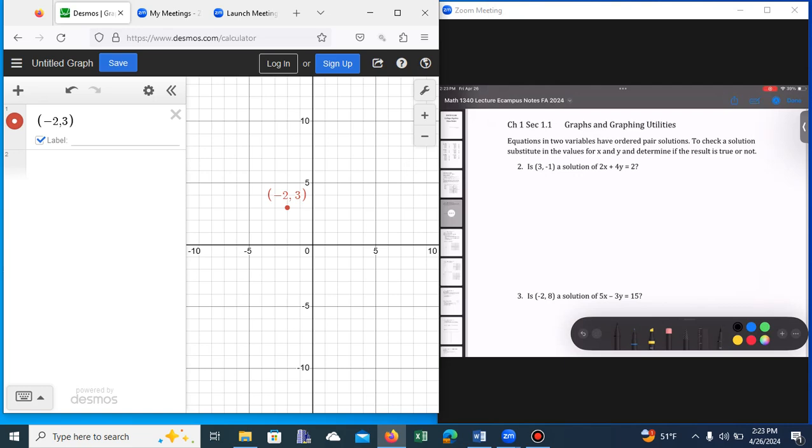So if we want to know if 3, -1 is a solution to 2x plus 4y equals 2, plug the 3 in for x, and we plug the -1 in for y, and then we have to verify that's true by getting them to equal. So 2 times 3 is 6, 4 times -1 is -4, and 6 minus 4 is 2. So it is equal.